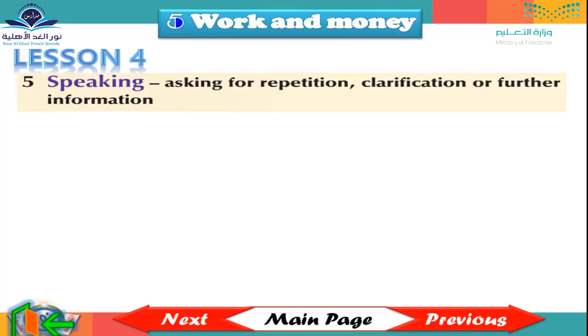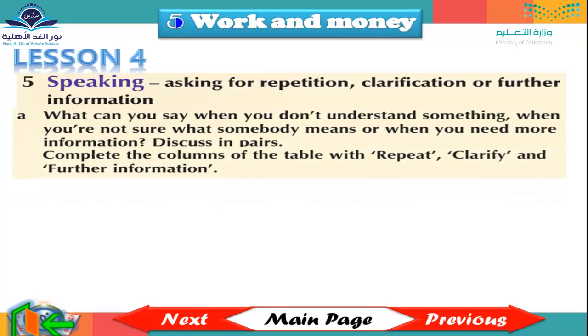5. Speaking, asking for repetition, clarification, further information. What can you say when you don't understand something, when you are not sure what somebody means, or when you need more information? Discuss in pairs. Complete the following columns of the table with repeat, clarify, and further information.